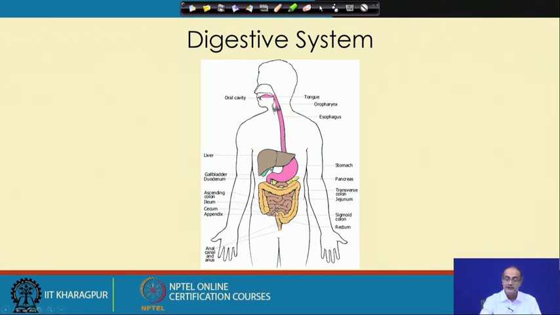As it gets digested, the nutrients like glucose, proteins and water are taken out from the small intestine through osmosis into the blood vessels.